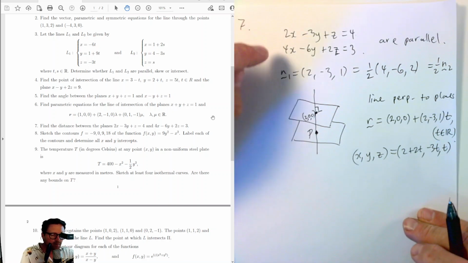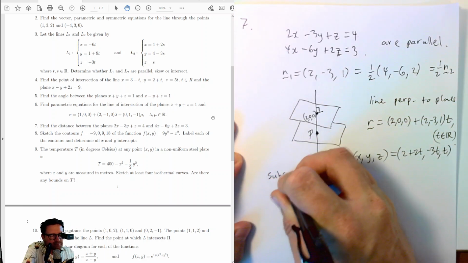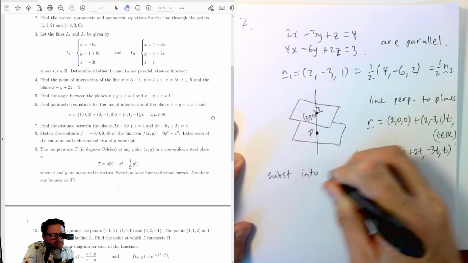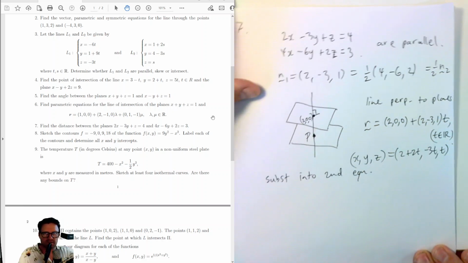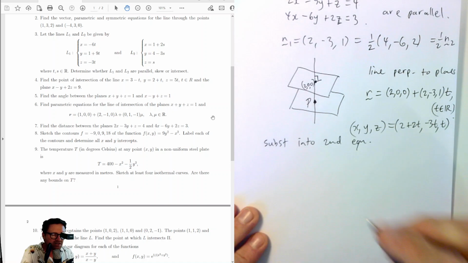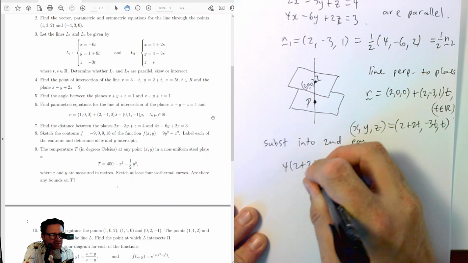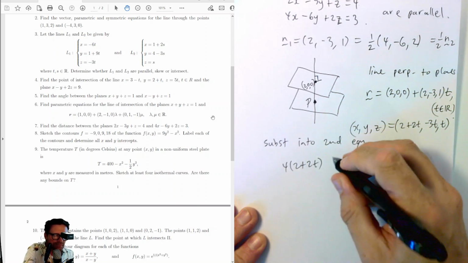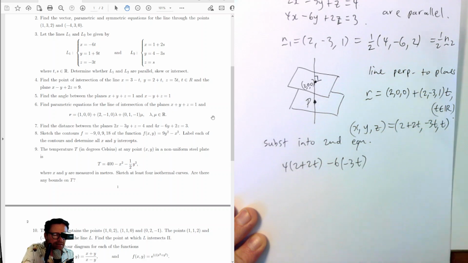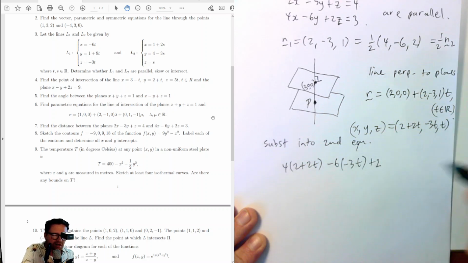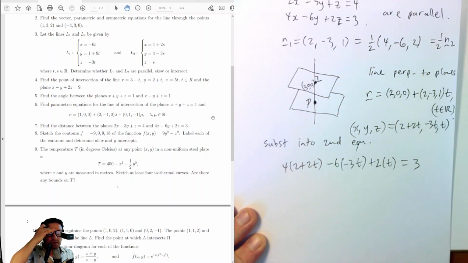So now with that, we want to sub into the second equation. Okay, so when we sub that in, we have 4 times (2 plus 2t) minus 6 times (minus 3t) plus 2 times t. All of this adds up to 3.